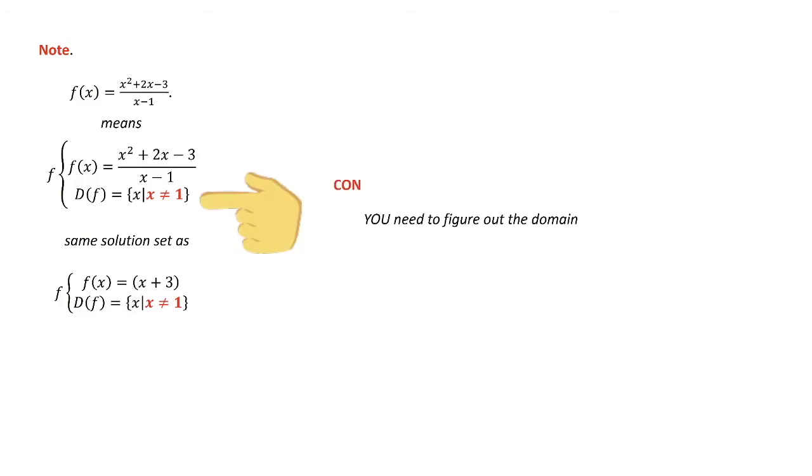The negative here is I have to figure out the domain. You do. And I think this is one of these kind of punishment things. Why is that an advantage? It seems like this is more work. I give you only the rule. It's a complicated rule. And moreover, I have to make you do the work to figure out the domain.